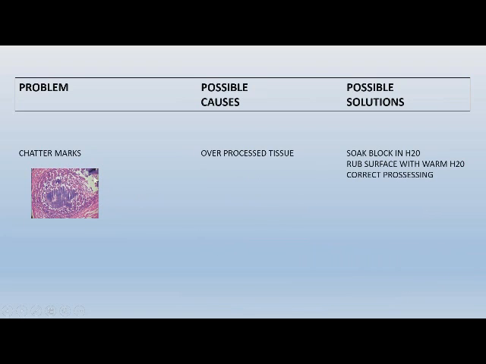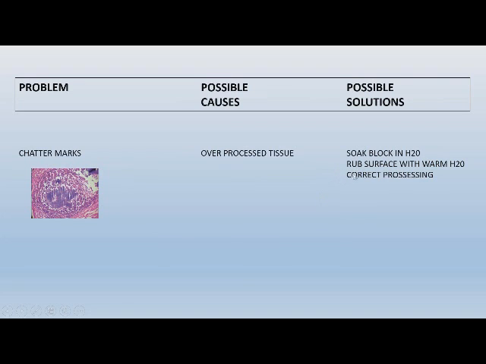With this piece of tissue, we've got chatter marks. It pretty much obviously has all the markings of an overprocessed piece of tissue, because not only do we have all these marks in there, but the tissue is overwhelmingly basophilic, and that's another mark of processed tissue.